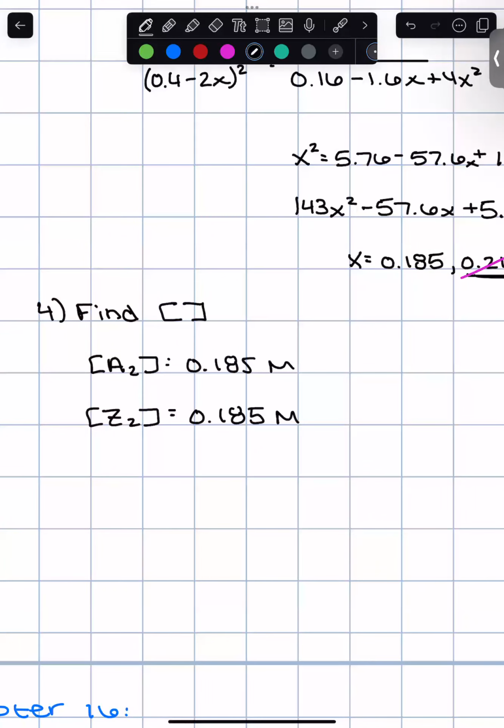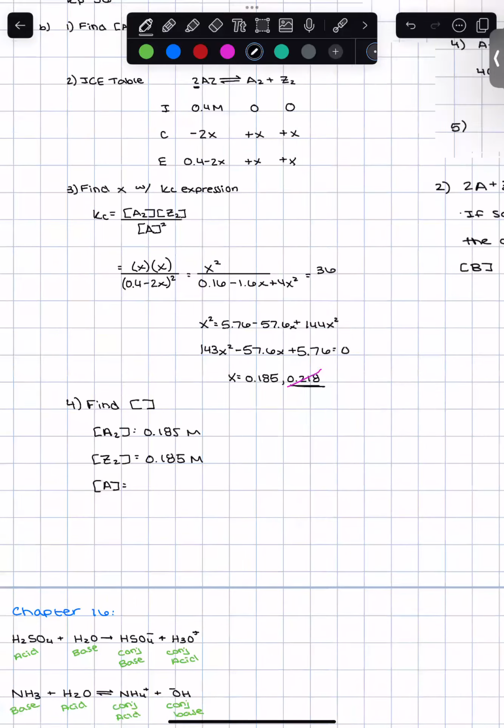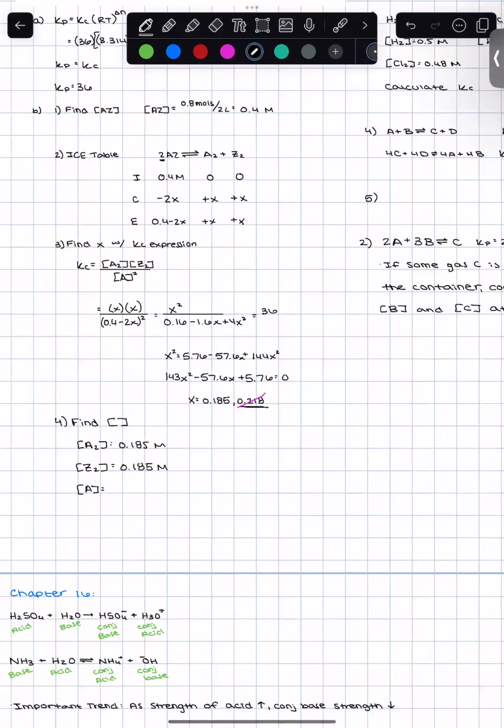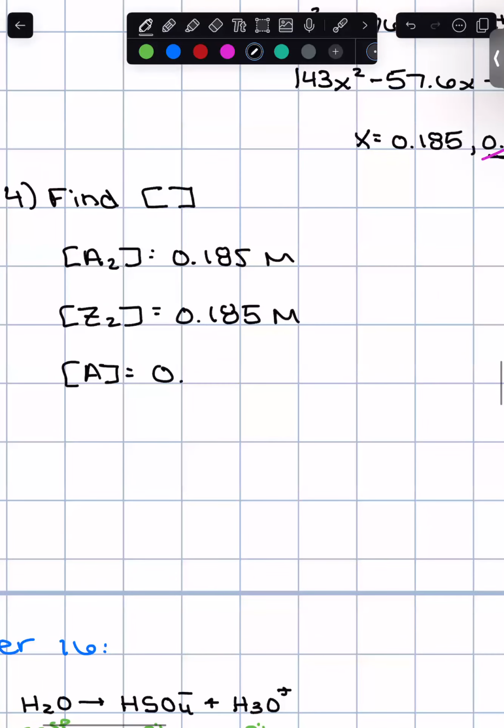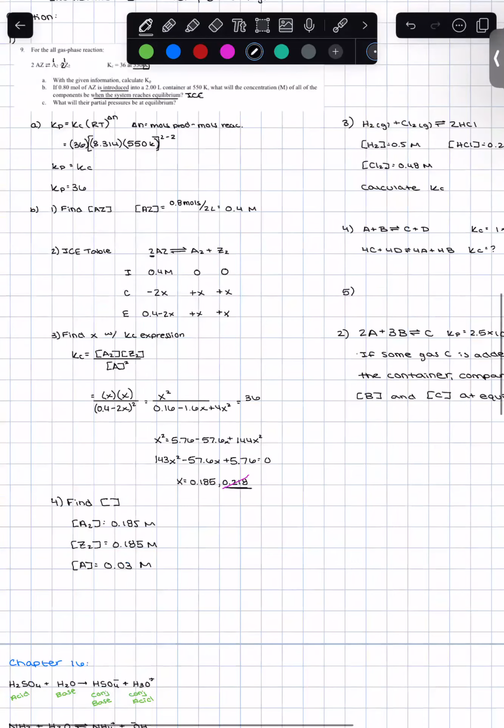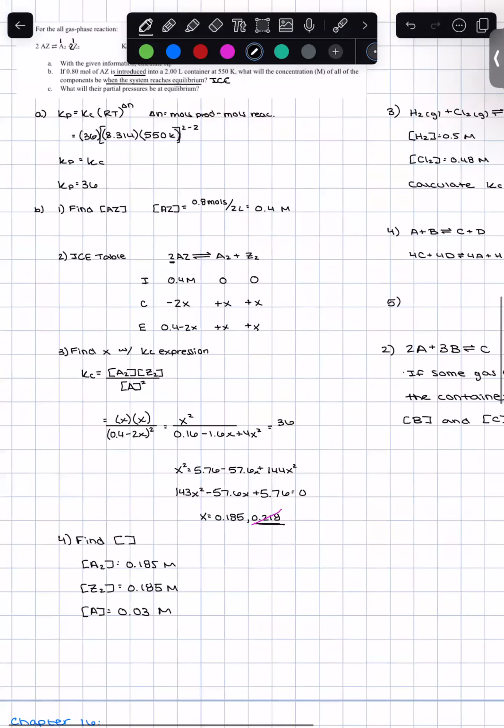And the concentration of AZ is equal to 0.4 minus 2x, which I'm going to do on my calculator here, is equal to 0.03 molar. And that is a nice table. And then we'll get to part C in a second. Any questions about that?